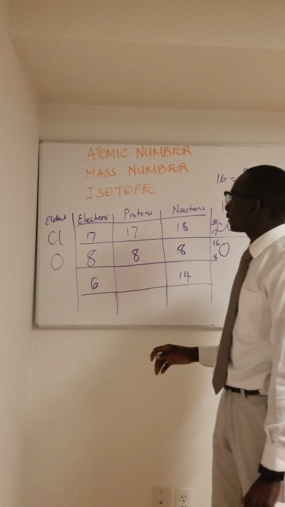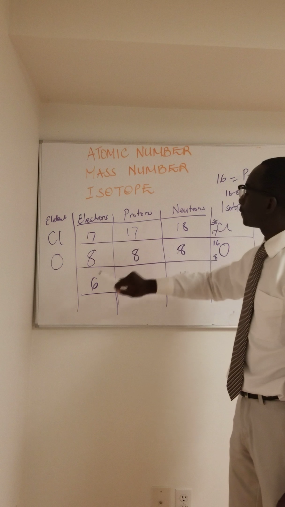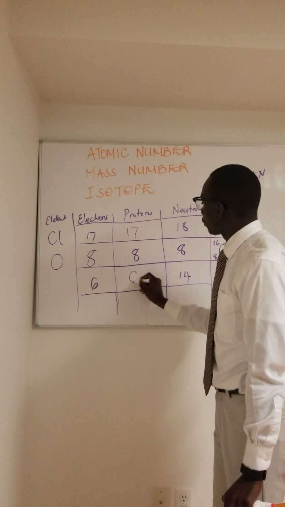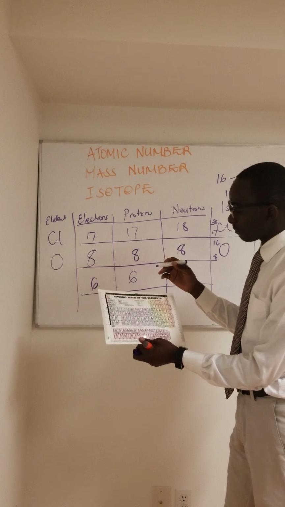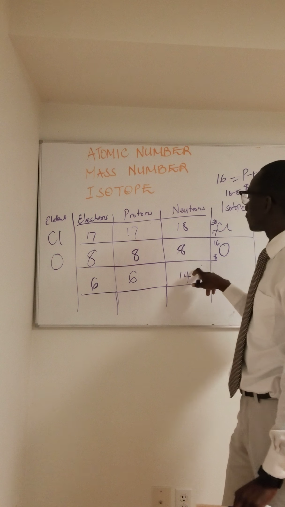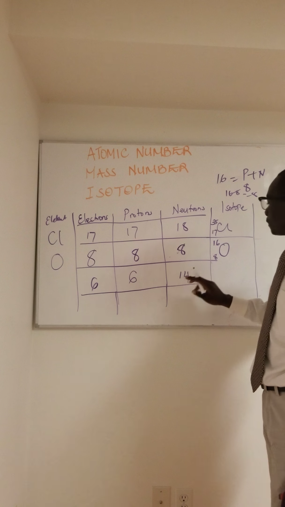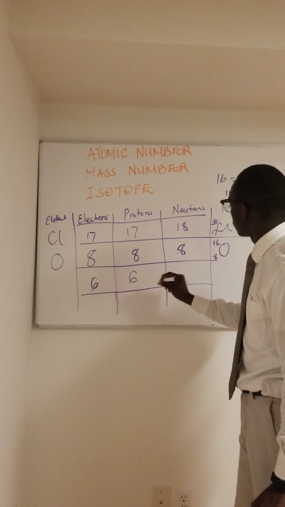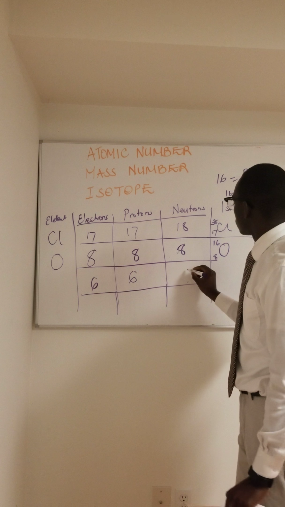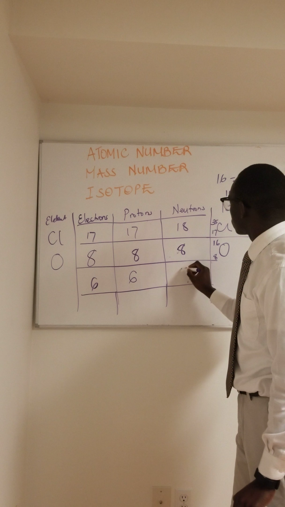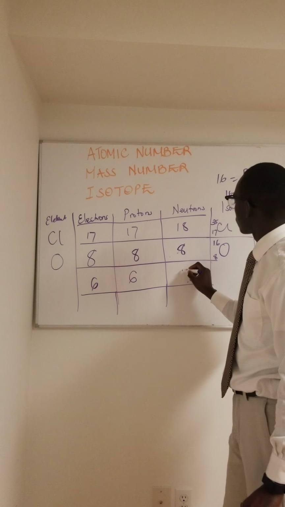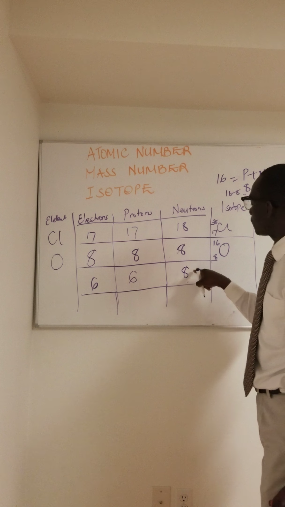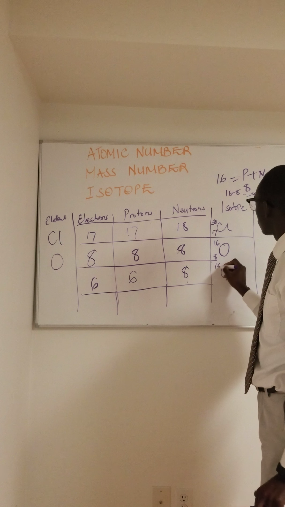Then for the last one, there are 6 electrons. So 6 electrons must be equal to 6 protons. Atomic number 6 is carbon, and this is an isotope with 8 neutrons.